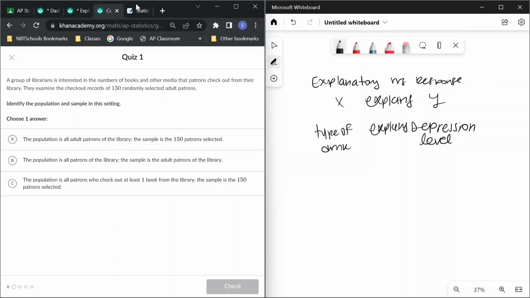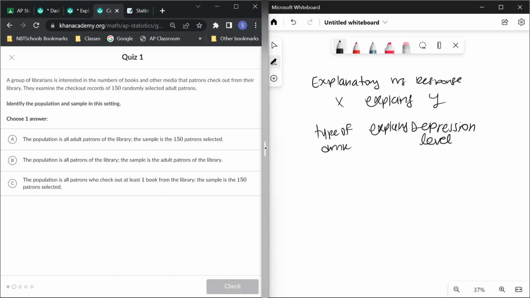I do not agree. A group of librarians is interested in the number of books and other media patrons check out. Researchers examine check out reports of randomly selected patrons. Ugh. Okay.